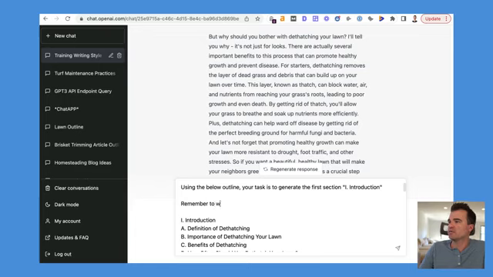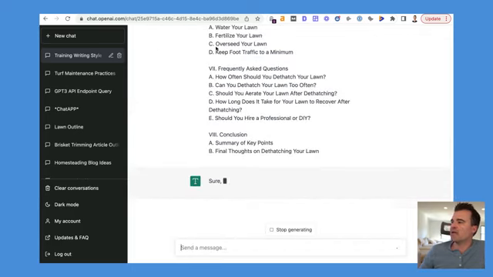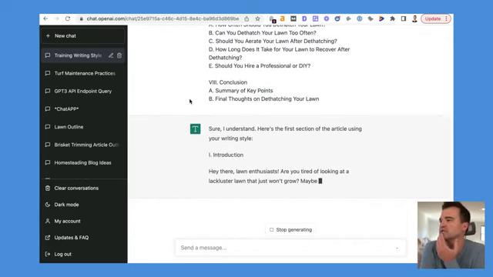Remember to write this section using my style of voice. And just for kicks, do you understand? Because there's a lot going on here. Sure, I understand. Here's the first section.